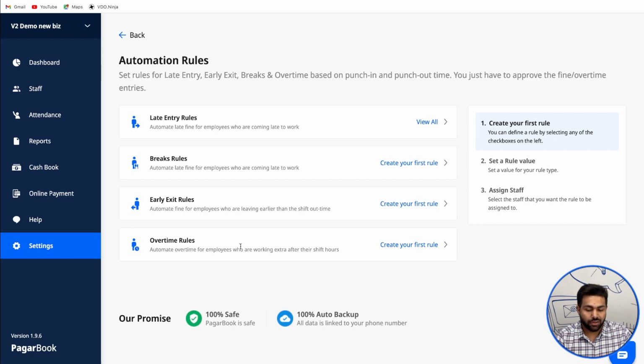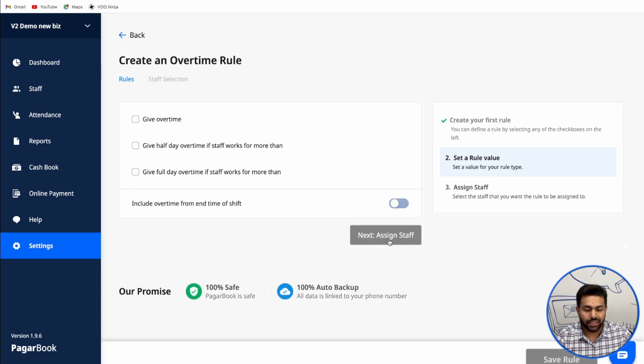Now we also have the overtime rule. Here we will understand there is a big difference in overtime. So what is the difference? Here salary won't be deducted, but salary will be given to staff. So again here we have three options: give overtime, or give half day salary, or give full day salary. The same three rules, but now we will give salary to staff.